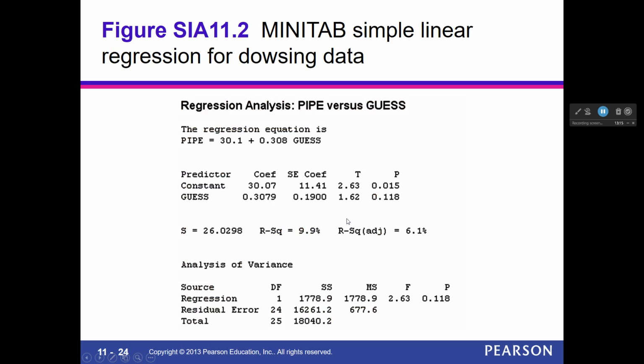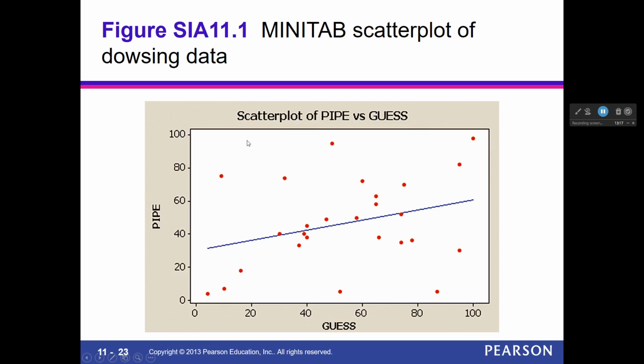And that's an indication that, in this case, dowsers are people who hold a stick up and try to find water, or pipes in this case, because they think they can find water. I've actually seen somebody do this once.